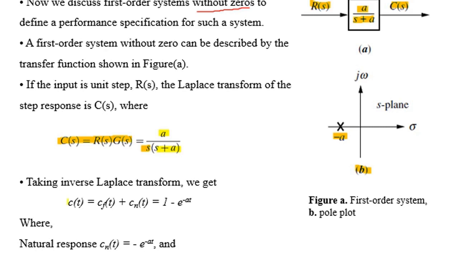Now using partial fraction, we will find output transform equation, and then we will take inverse Laplace transform to get C of t, where C of t equals 1 minus e power minus at, or sum of forced response plus natural response. Here natural response is equal to minus e power minus at, or the response due to the pole of the system, where forced response is equal to 1.